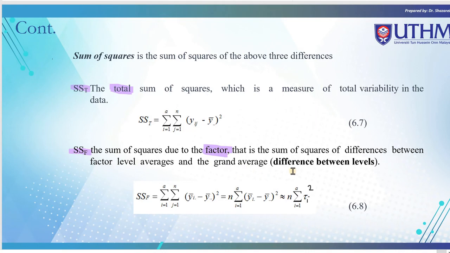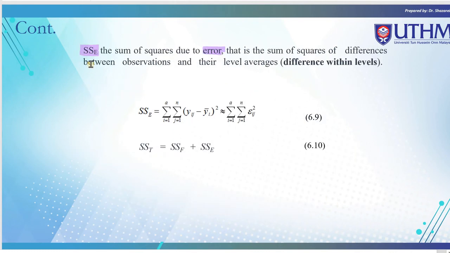So the sum of squares factor is equal to n, the number of replicates, multiplied by the summation of tau i squared, where tau i is the ith level effect. We sum up over all the levels, so here until the a-th level.